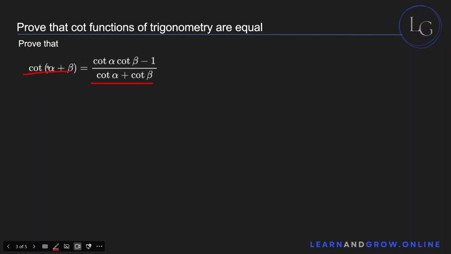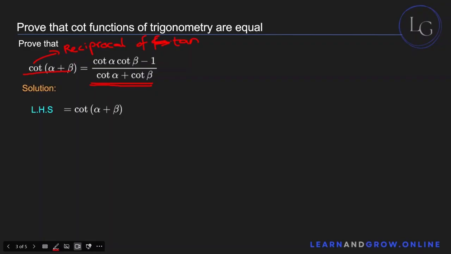Because cotangent is basically the reciprocal of the tangent function. And so you can see that this right hand side looks familiar, right? It's the reciprocal of the tangent A plus B identity, right? Okay, but let's just prove how this happened.